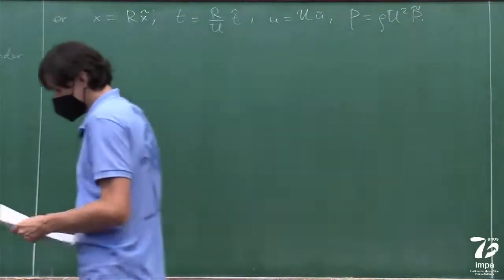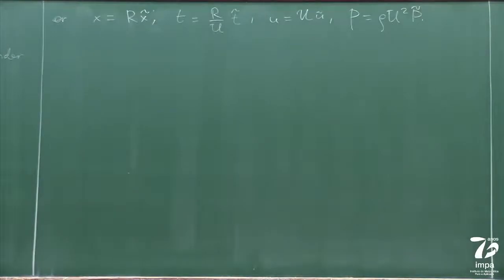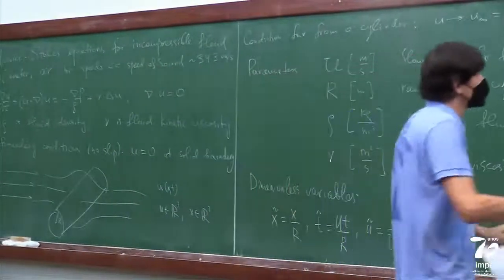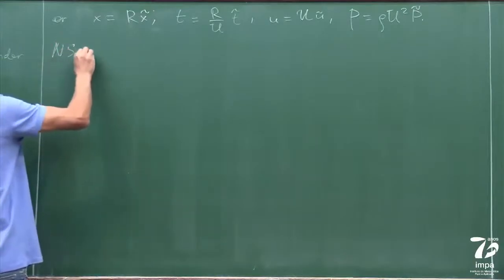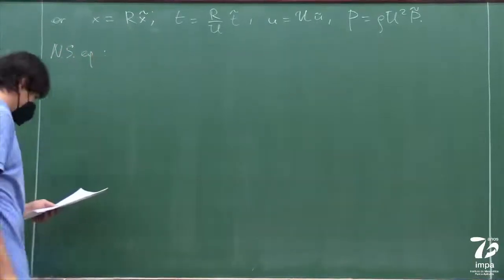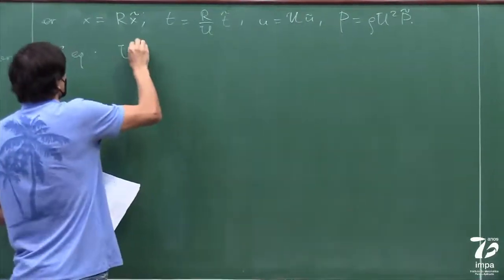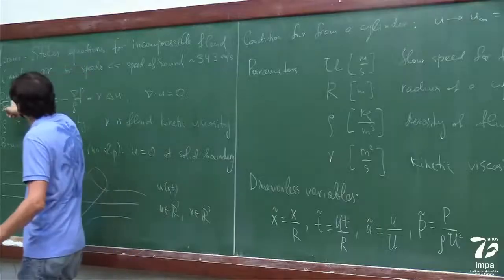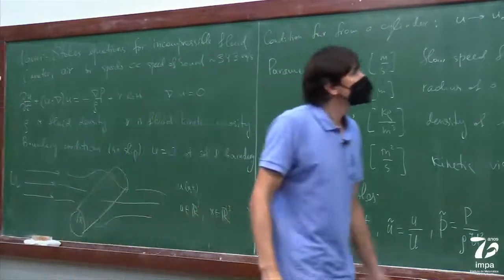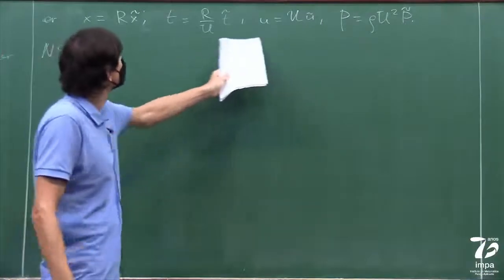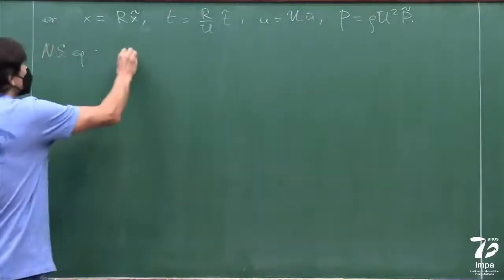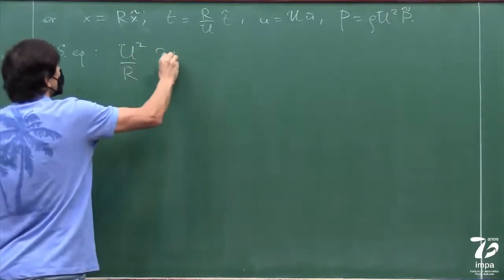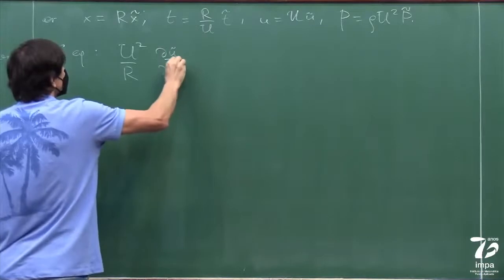And now substitute this into the Navier-Stokes system. Let's see what the Navier-Stokes equation becomes. What you do first is du dt. You put in this u and this t, and the coefficient that comes out is U squared over R times du dt.